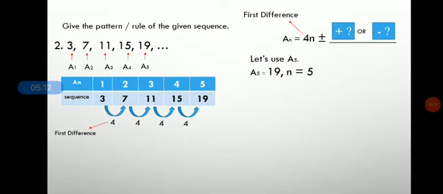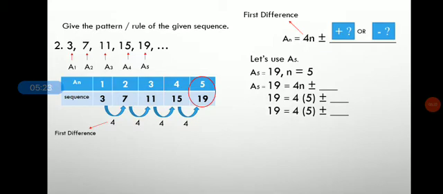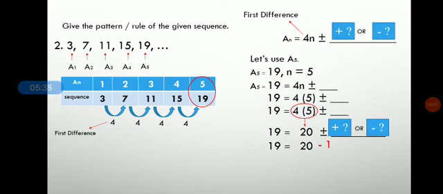Gamitin natin si a sub 5. Na ang n natin ay 5. So at alam natin na si a sub 5 ay 19. So 19 equals 4 times 5. 4 times 5 will give us, yes, 20. So, ano kailangan ni 20 para maging 19? Add a positive number or add a negative number? Ang sagot, negative 1. At ang negative 1 na yan, ang gagamitin natin doon.